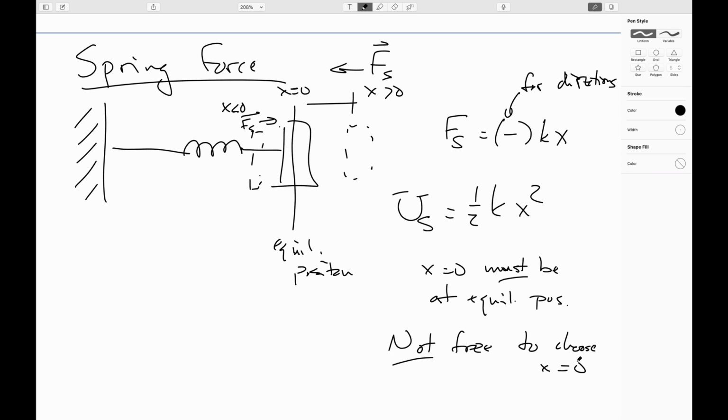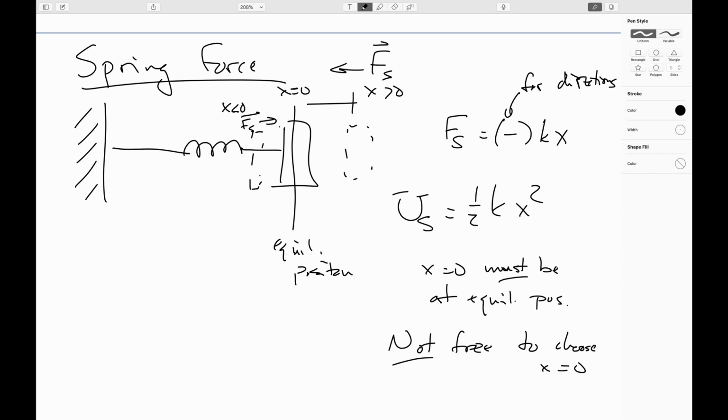And this is for reasons of calculus. In order to come up with this particular potential energy function, for mathematical technical reasons, you already had to make the choice that the potential energy was 0 at the equilibrium position and that x had to be 0 at that point.